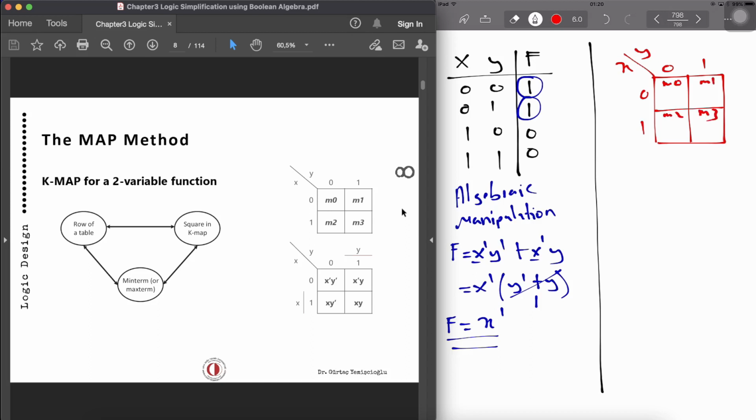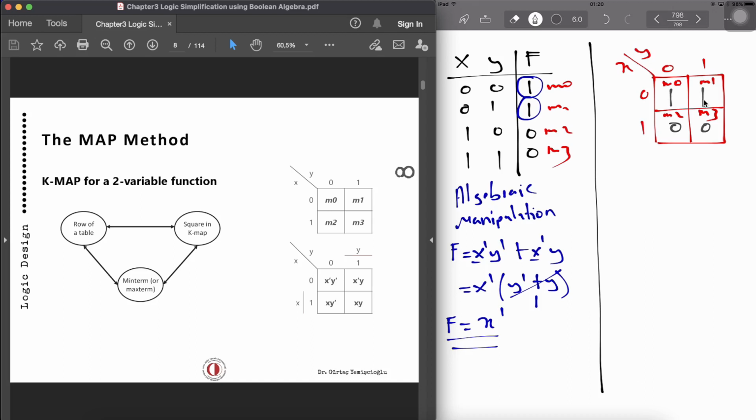I suggest you write them, because when we have bigger maps, it's easy to follow. So this is minterm 0, minterm 1, 2, and 3. In this case, minterm 0 is 1 and minterm 1 is 1. And the rest are zeros. So we have 2 ones adjacent to each other.